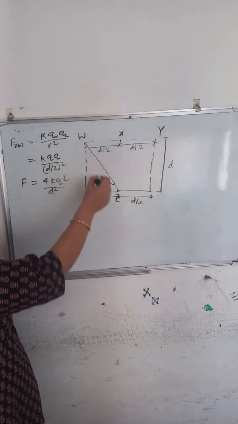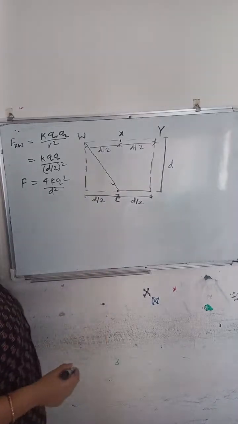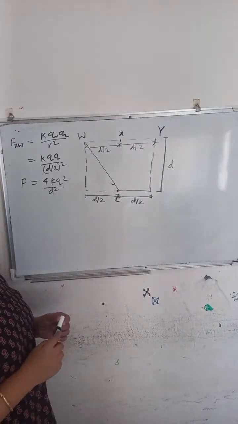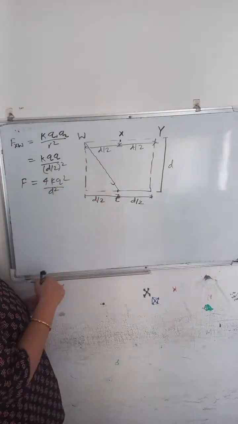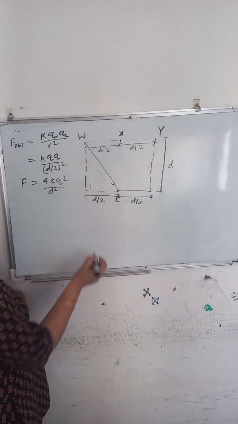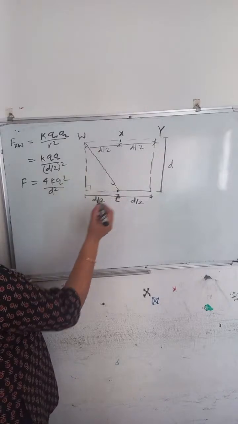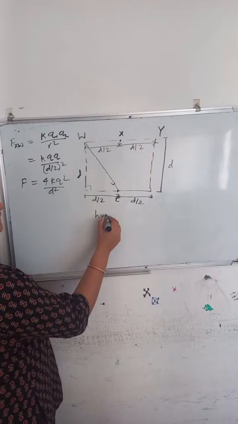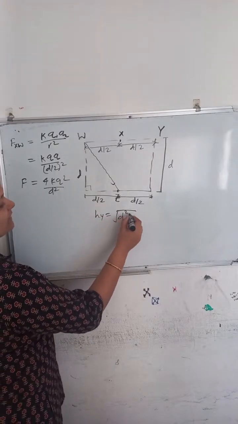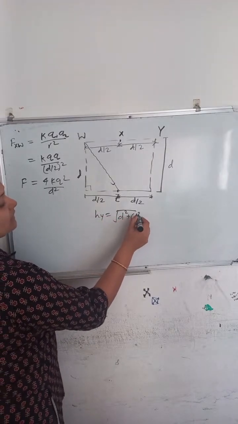Now W is acting on Z, so we don't know the distance between W and Z. How to calculate it? It's very important. But if this is a square, then this angle is 90 degrees, so this is a hypotenuse. This distance is d by 2 and this is d. Then the hypotenuse is d square plus d square by 4.